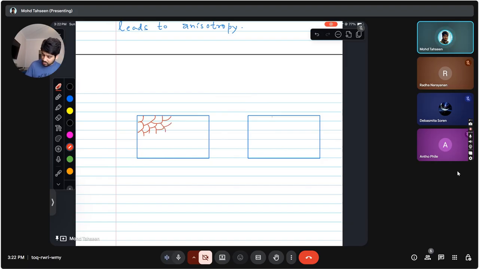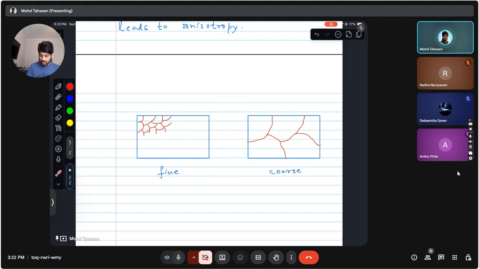And in material 2, let's say the grains are like this. So this structure we call fine, and here the grain structure is coarse.